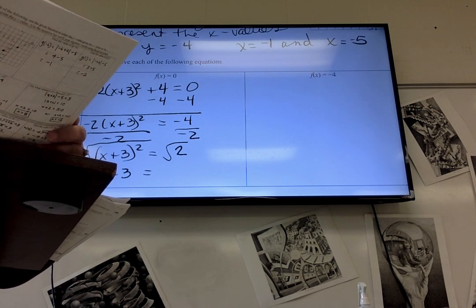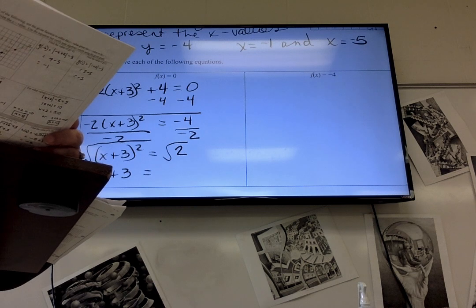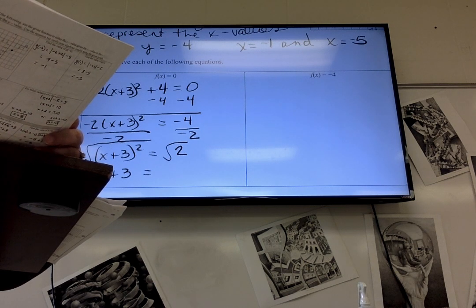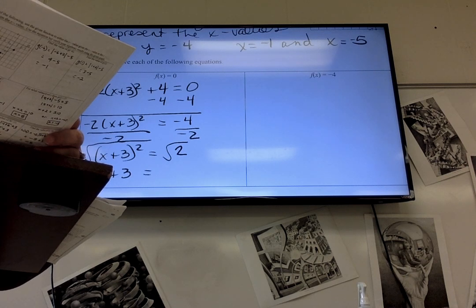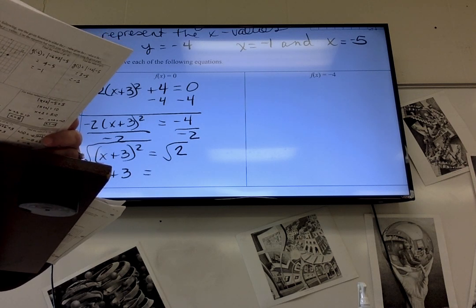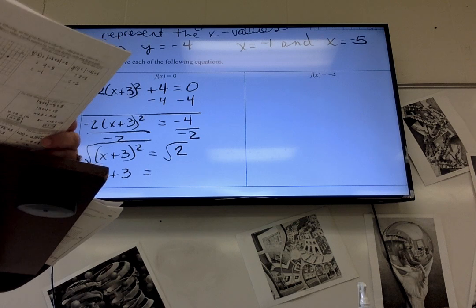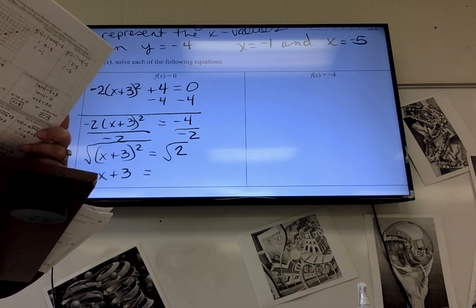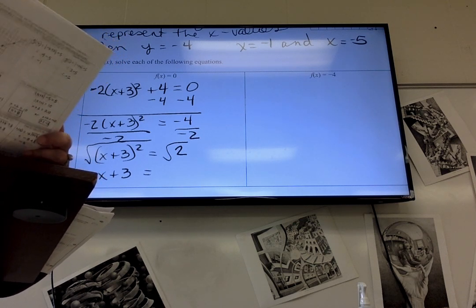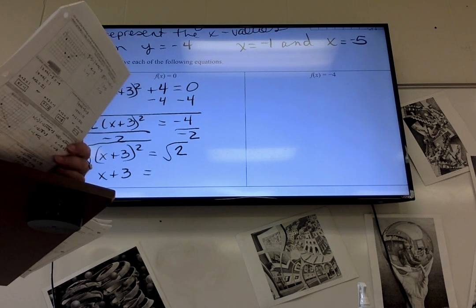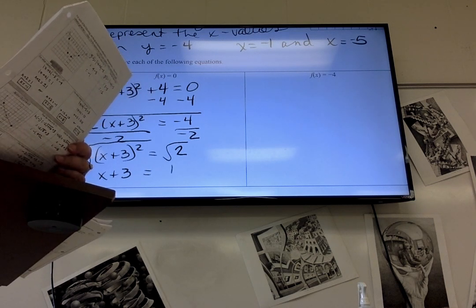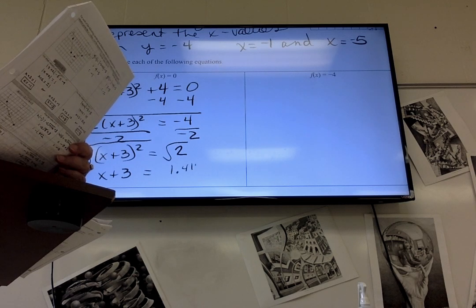Calculator might be handy here, but we can just leave it as the square root of 2. What am I forgetting? Yeah, I'm still going to do the 3. You're absolutely right. What else? I'm going to round it here to 1.414.